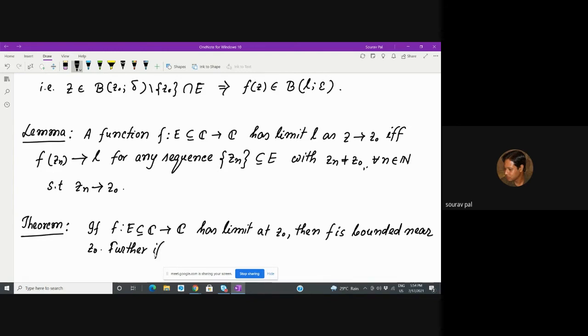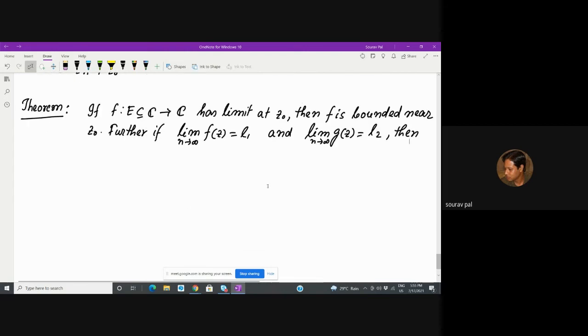Further, if the limit of f(z) equals L1 and g(z) has limit L2, where you have two different functions, as z goes to z naught, then the limit of the sum is L1 plus L2.